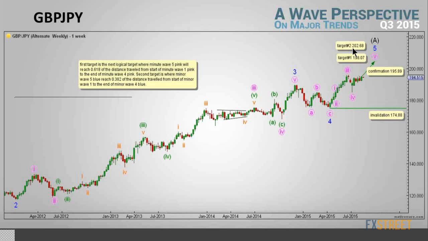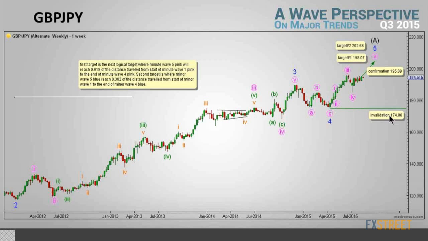The second target and the second resistance level is at 202.68, as at that level wave 5 blue will reach 0.382 the distance traveled from the start of wave 1 blue to the end of wave 4 blue.